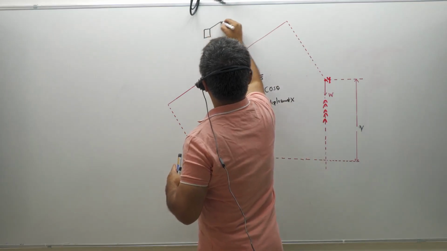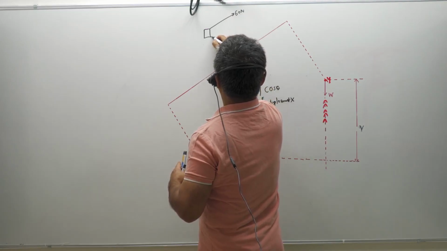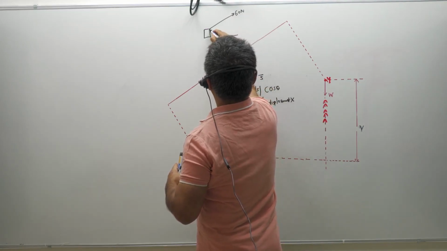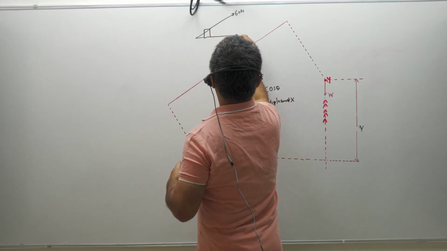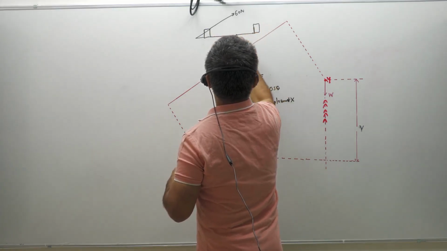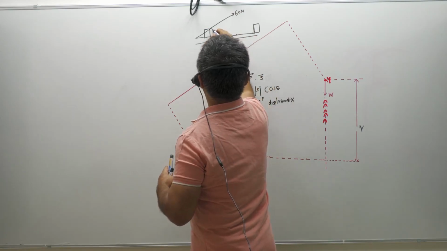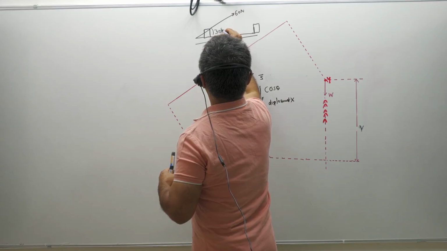You are pulling this mass by 60 newtons, and the angle between the force and the displacement it causes is, so this moves by 5 meters, and this angle is 30 degrees.